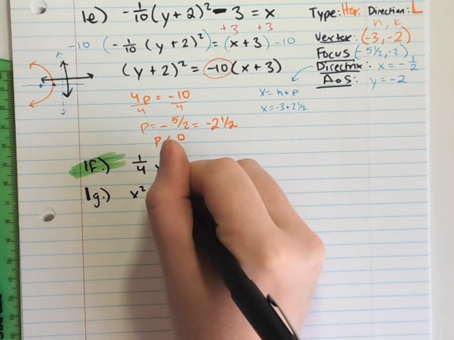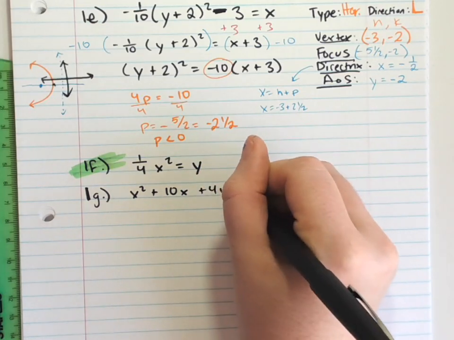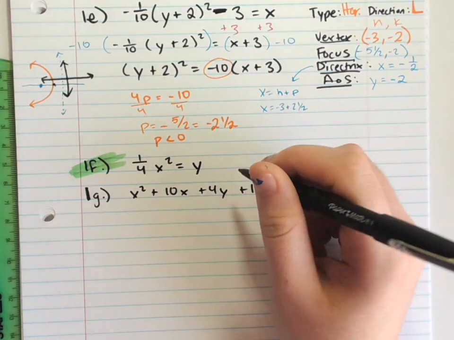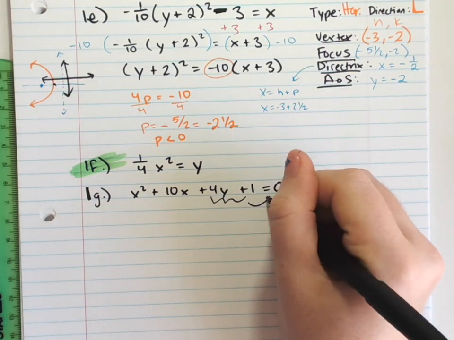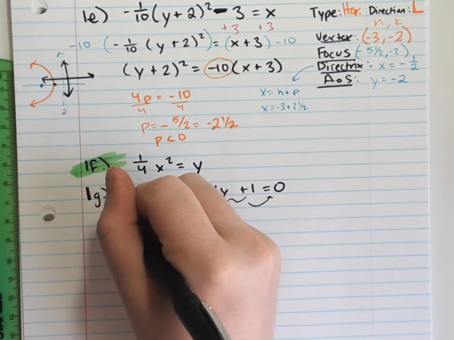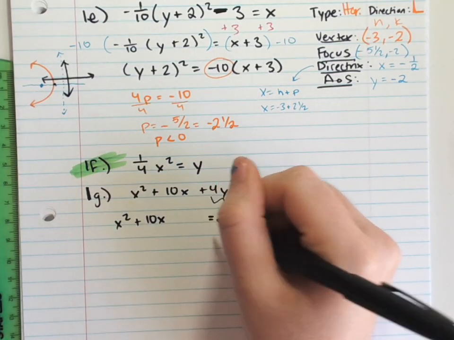X squared plus 10x plus 4y plus 1 equals 0. Okay, we need to rearrange some stuff. I know I'm going to want to move that over here. So I've got x squared plus 10x, and I'm going to leave some space to complete the square later.